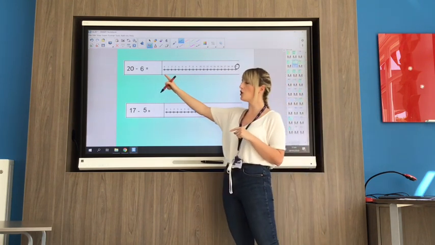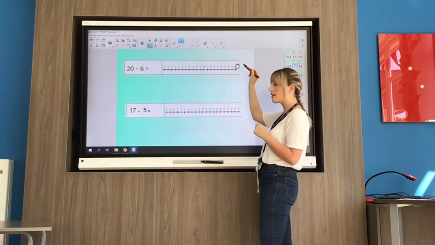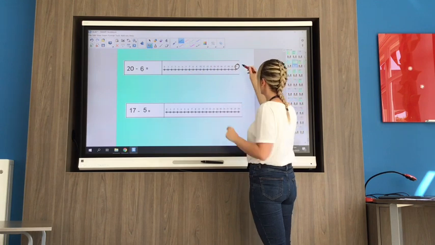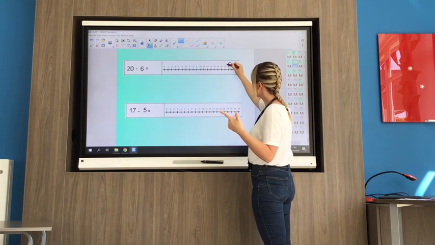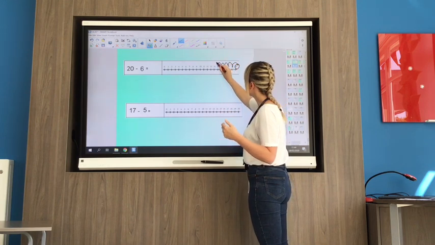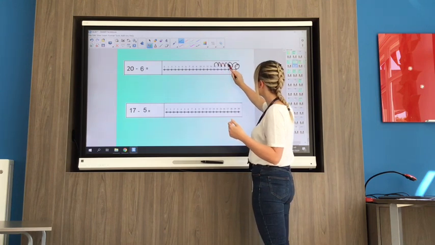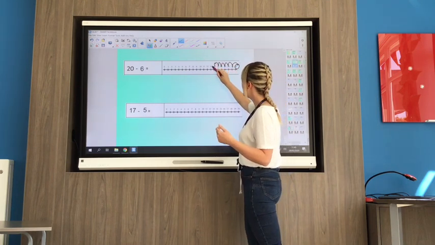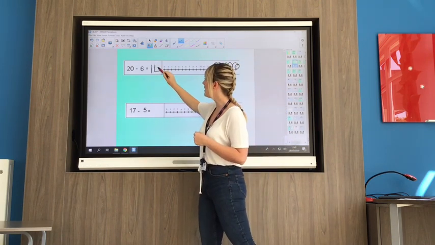I've got to jump back 6 because I'm taking away 6, so I'm going to do 6 jumps backwards. So 19, 18, 17, 16, 15, 14. Let's check I've done 6: 1, 2, 3, 4, 5, 6. And I've landed on 14, so that's my answer.